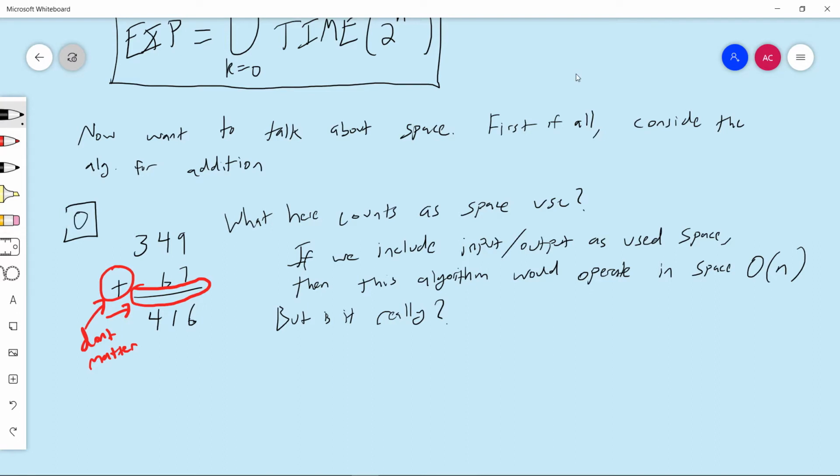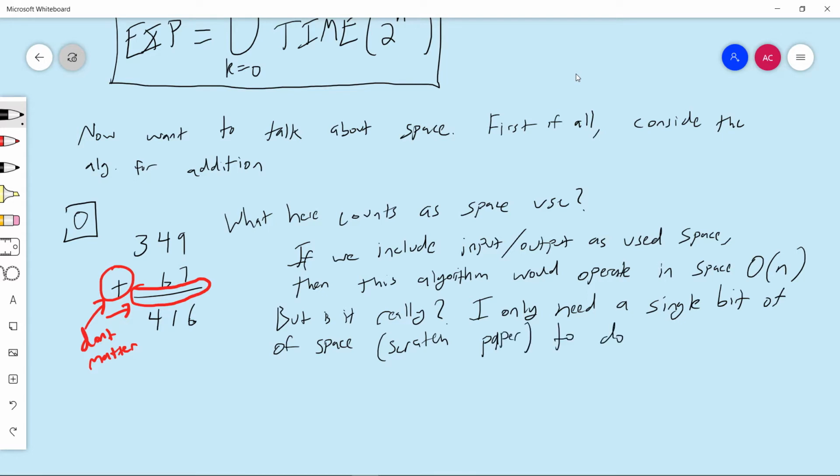I only really need one bit in order to do this addition problem besides the input and the output. I only need a single bit of actual space, like scratch paper. I only need a single bit, a single cell of scratch paper to do this.